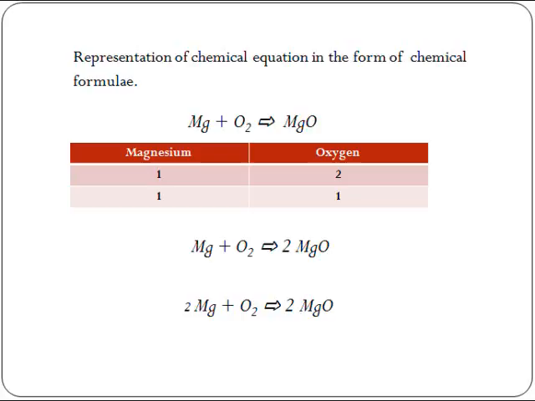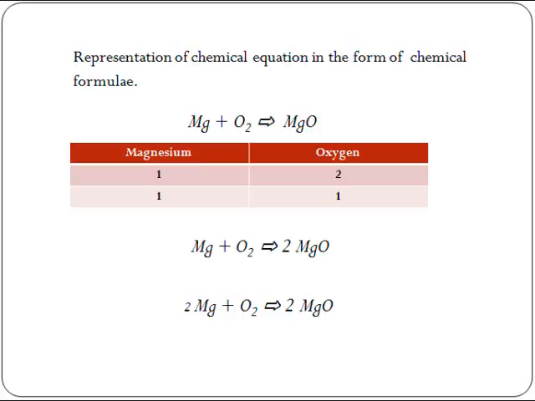Here the number of oxygen atoms on the reactant side is 2 and on the product side is 1. Hence, to make it the same, we have to write 2 MgO to make it 2. But now the number of magnesium atoms on the reactant side is 1. Hence, we will write 2 Mg plus O2 gives 2 MgO, and the equation is balanced on both the sides.